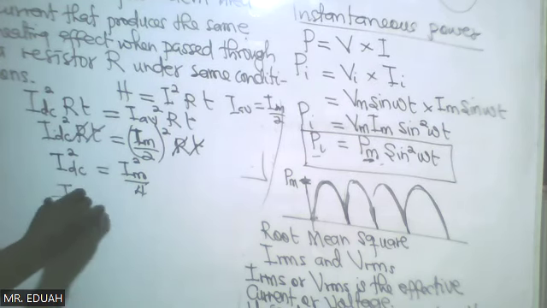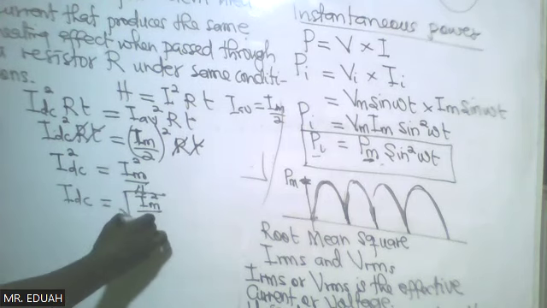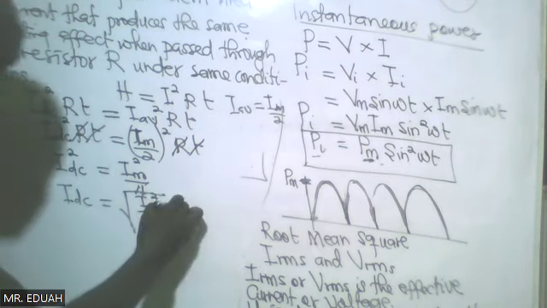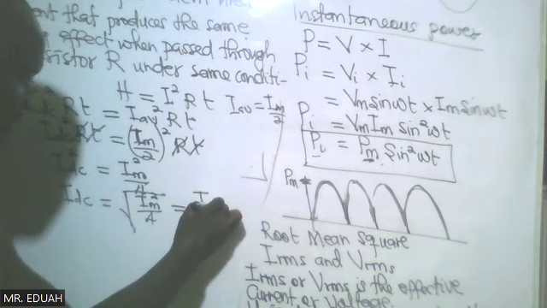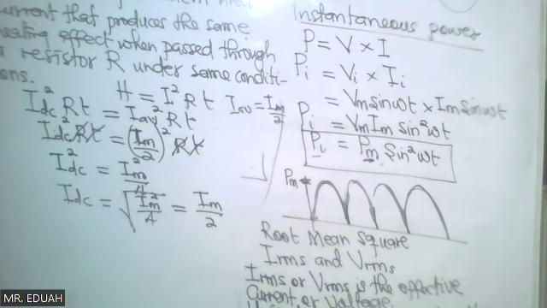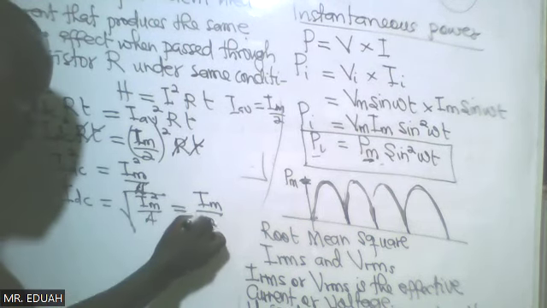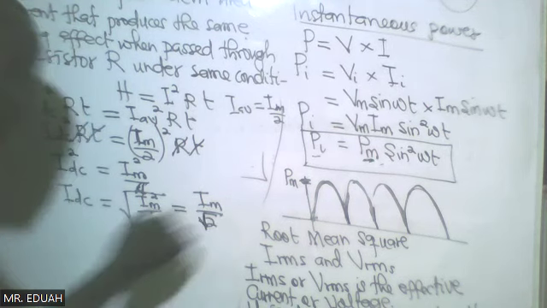So IDC is equal to the square root of IM squared over 4. This is equal to I maximum over 2. But it should be root 2, meaning I've mixed this up. It should be I maximum over root 2.